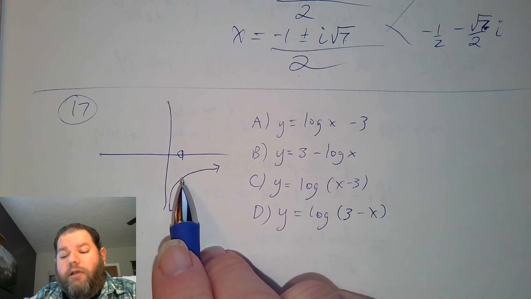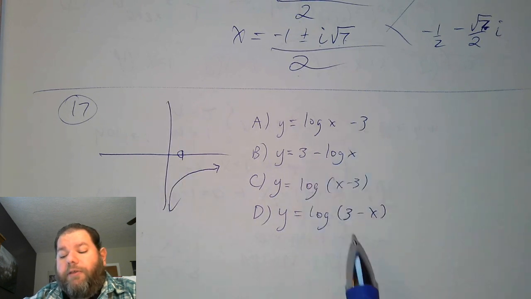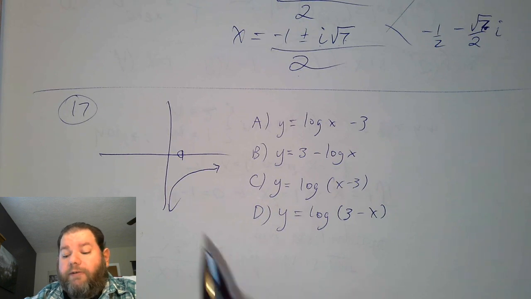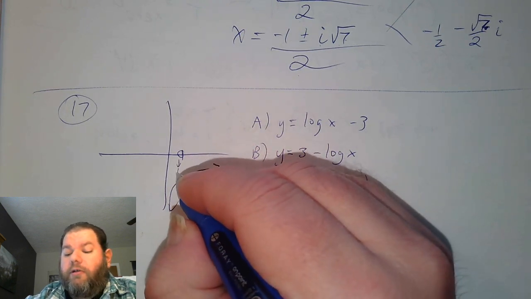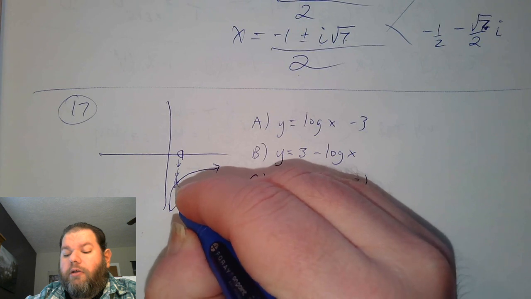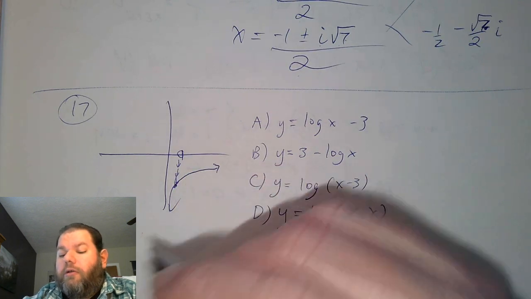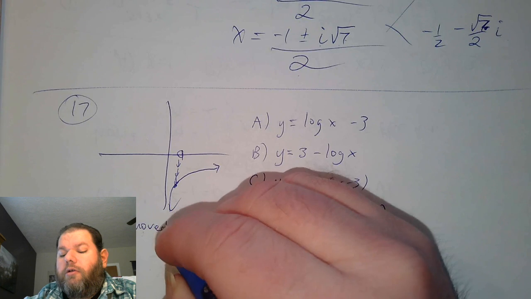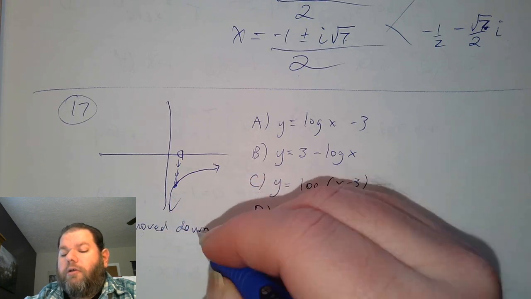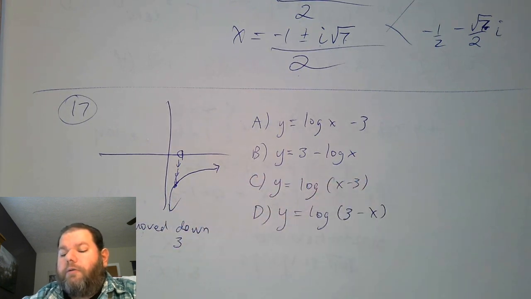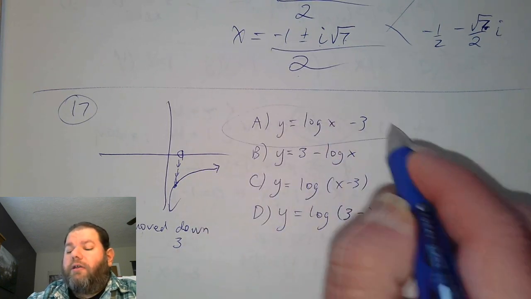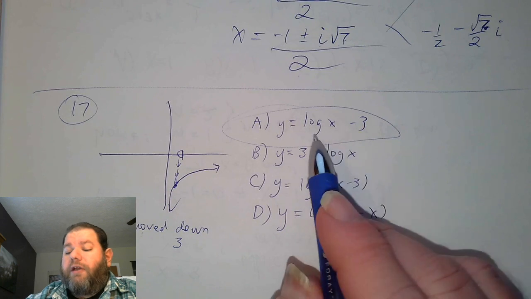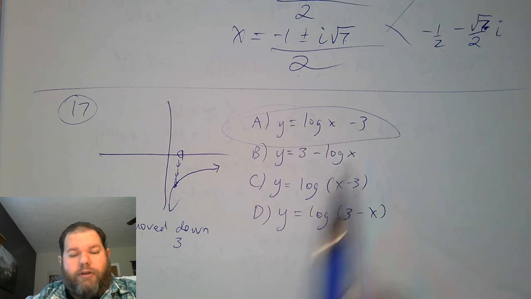Well, it's been moved down, presumably down 3 based on what we're seeing in these answers. So we look at our answers and see which of those really reflects that change of moving it down 3 units, and that is A. That's the graph of log x shifted down 3 units.